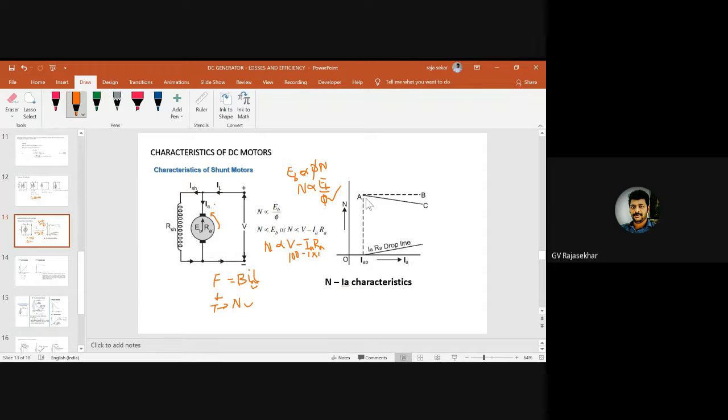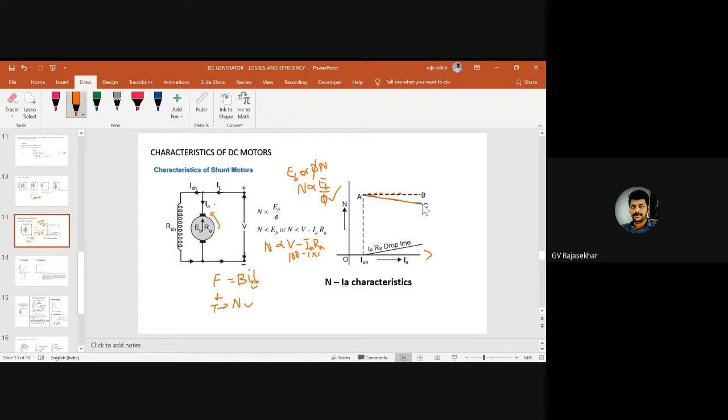That is represented in this graph. A graph is drawn between N and IA, and we slowly increase the IA value. You will find that ideally we should get a constant speed, but as IA increases, the speed is slightly reduced.